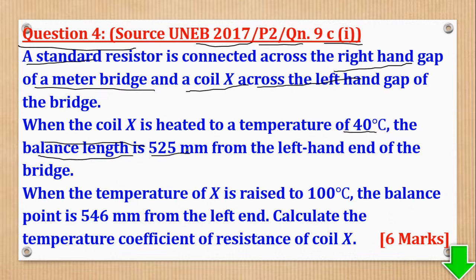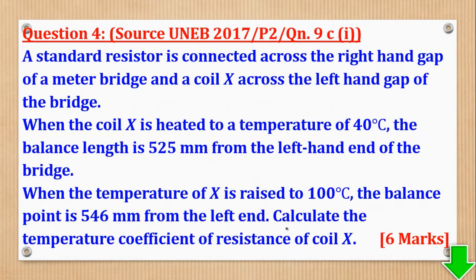Now it is in millimeters, from the left end of the meter bridge. When the temperature of X is raised to 100 degrees Celsius, the balance point is this, from the left end. Calculate the temperature coefficient of resistance of the coil X. So just still follow the same procedure. Let's first make a sketch. It will be the same sketch.